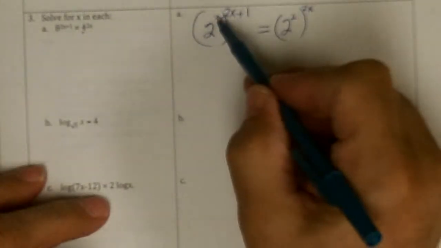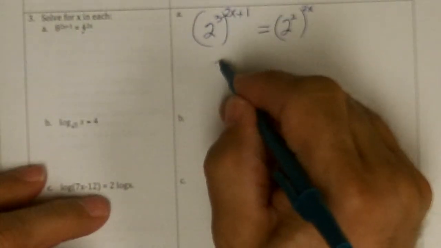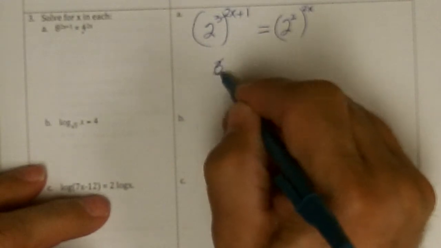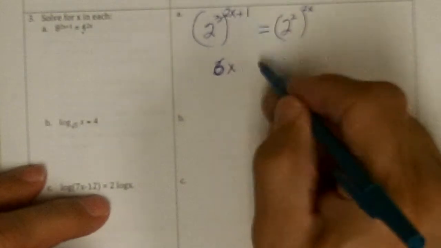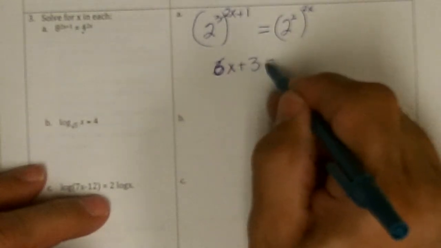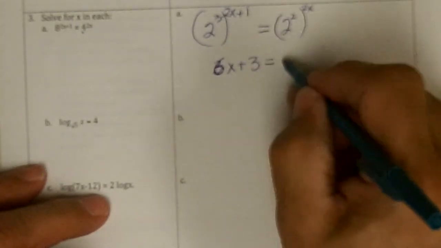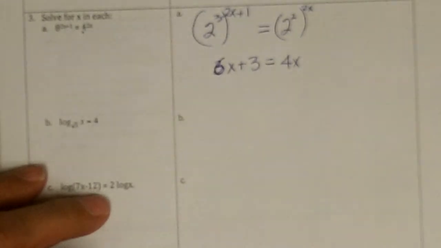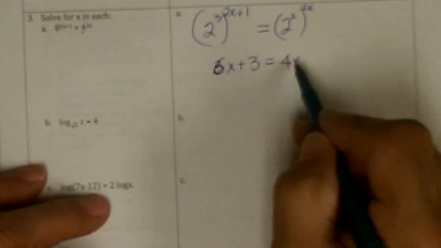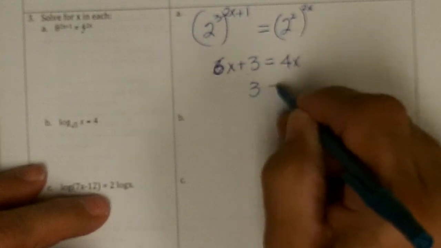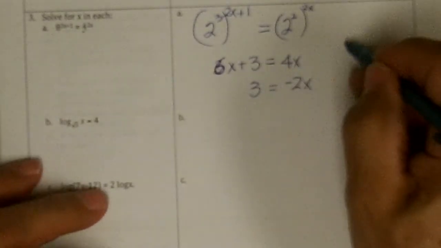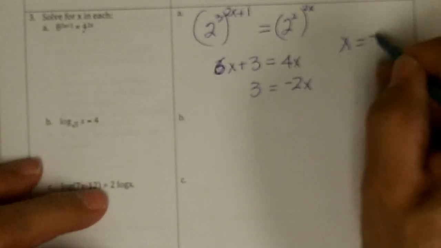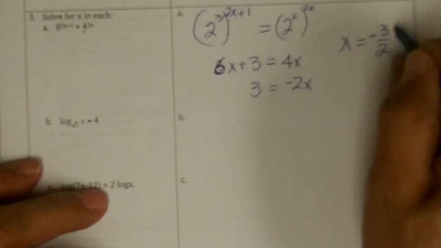And when I have a power to a power, I multiply. So I'm going to get 6x, excuse me, 3 times 2x is 6x. 3 times 1 is plus 3. Equals 2 times 2x is 4x. If I subtract 6x from both sides, I get 3 equals -2x. I divide by -2, and I get x equals -3/2.